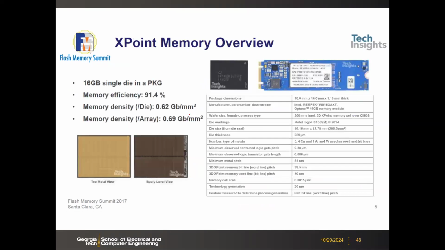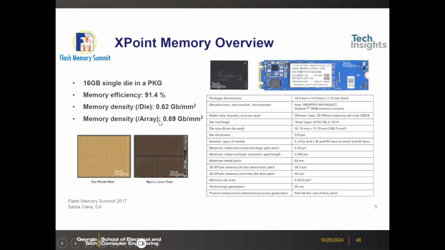So here I'll show you some reports from TechInsight. This is a 16 gigabyte single die in a package. The array efficiency is pretty high actually. You see most of the area is occupied by the memory, with only a little bit of peripheral circuits.